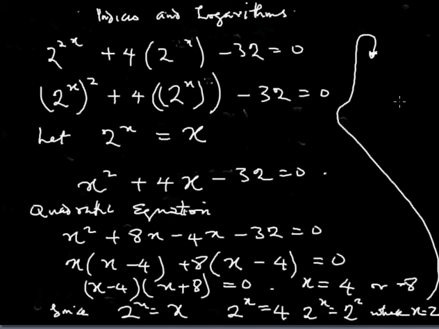To complete that, when we have x is equal to minus 8, 2 raised to the power x is equal to minus 8, which is equal to minus 2 raised to the power 3.